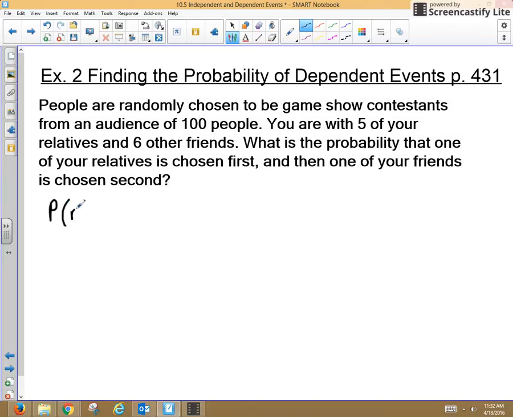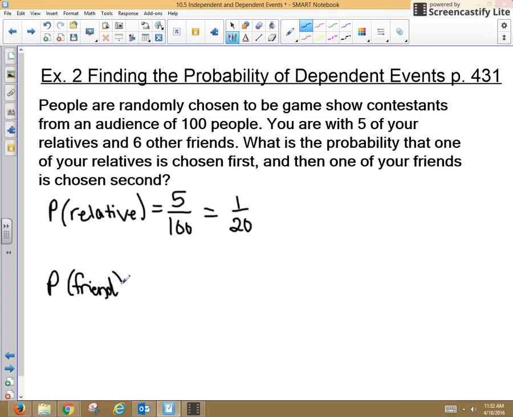So the probability of a relative, since we have 5 relatives, it would be 5 out of the total number of people, which is 100 people in the audience. This reduces to 1/20. The second event is a friend would go up second. So find the probability of a friend.